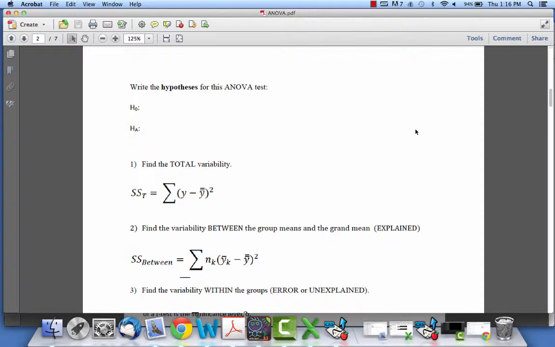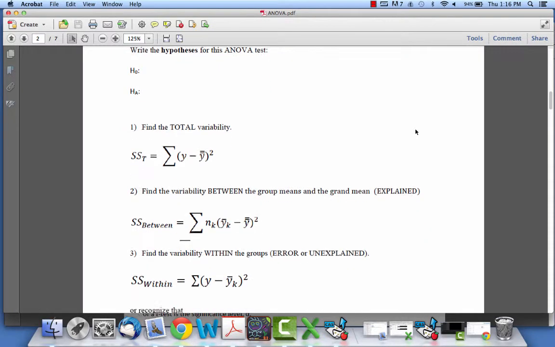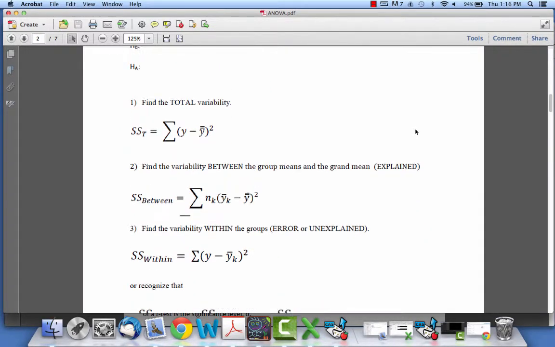So these are the notes that we used in the seminar where you were given all the formulas. Sum of squares for the total: you sum the squares of each value compared with the total average. The average is where you take every single number, add it up and divide by how many there are. Then you square each one and add them up.